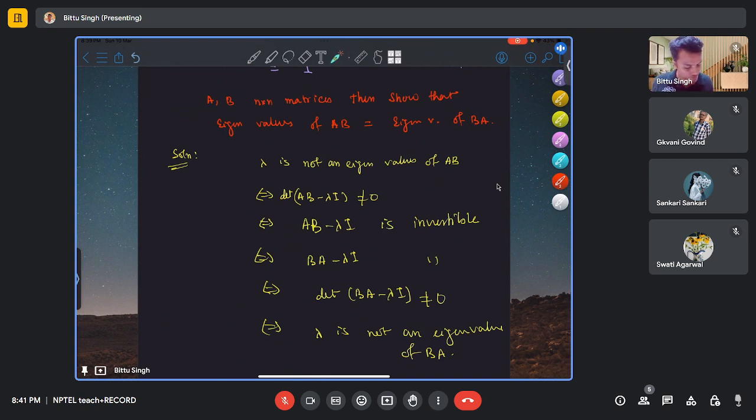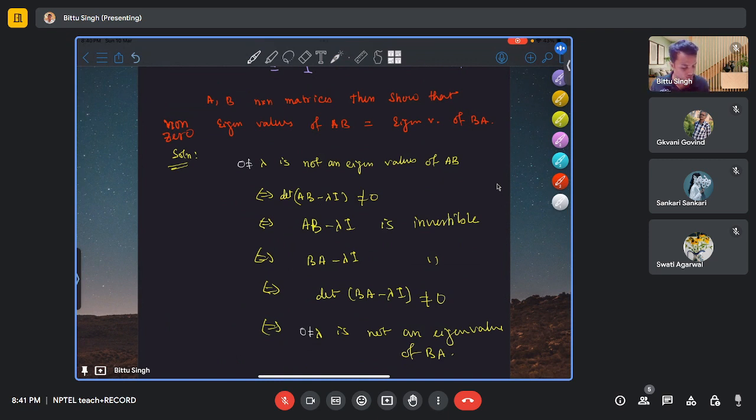We have considered lambda to be non-zero, because here we have assumed lambda is non-zero. Then that non-zero thing will not be an eigenvalue of BA also.